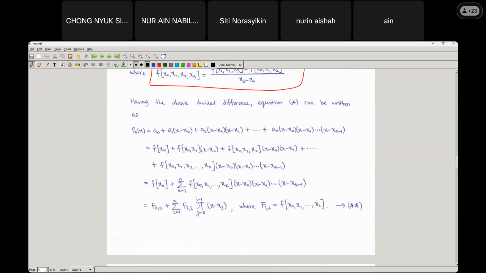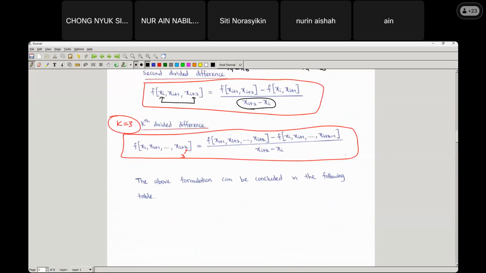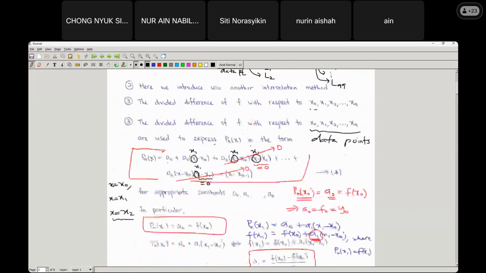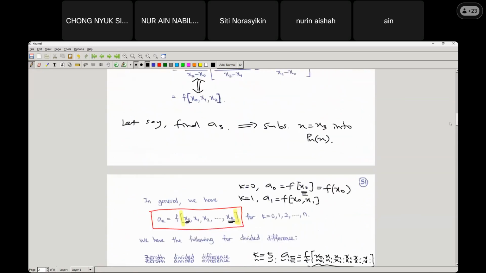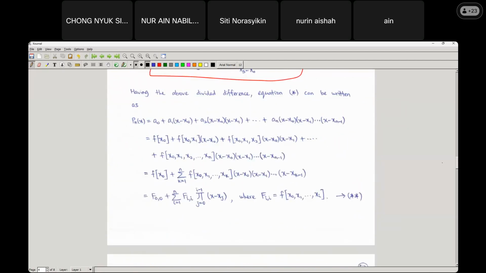Having the above divided differences, equation star is actually referring to this equation. This is the equation that we refer to. So this equation will become this one. You substitute what is your A0, what is our A1, those A terms. You substitute all the A terms, and you'll be able to get this, because our A0 is equal to f(x0), A1 is equal to f[x0, x1], and A2 is equal to f[x0, x1, x2].